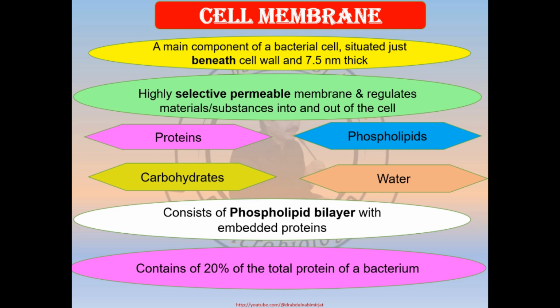Among the components, proteins and phospholipids are found in higher concentrations. Most cell membranes consist of approximately 50% lipid and 50% protein. However, the concentration varies in different bacterial cells.